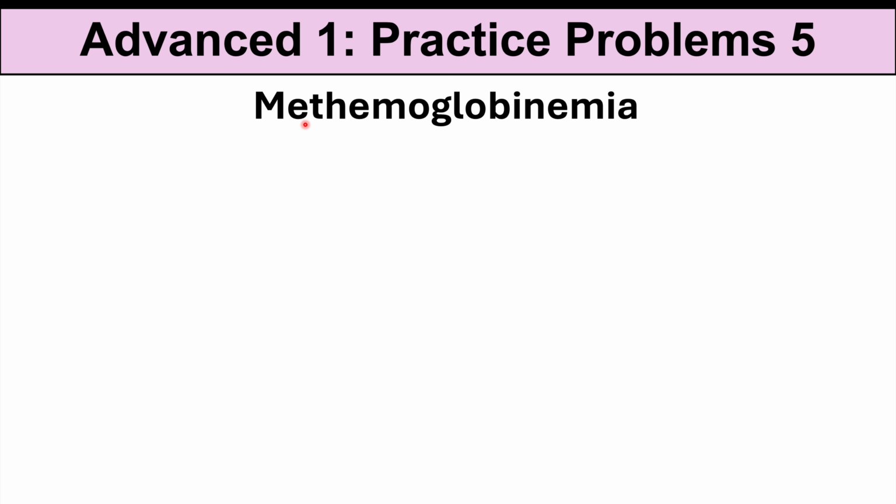The next practice problem we're going to look at is methemoglobinemia. So what does methemoglobinemia mean? We look at this prefix here, met. What does that mean? Met means change. So we can think of a metamorphosis, right? It's a change in form. Or metaplasia, which is a change of one cell type to another. Then we look at the next part of this particular term, hemoglobin.